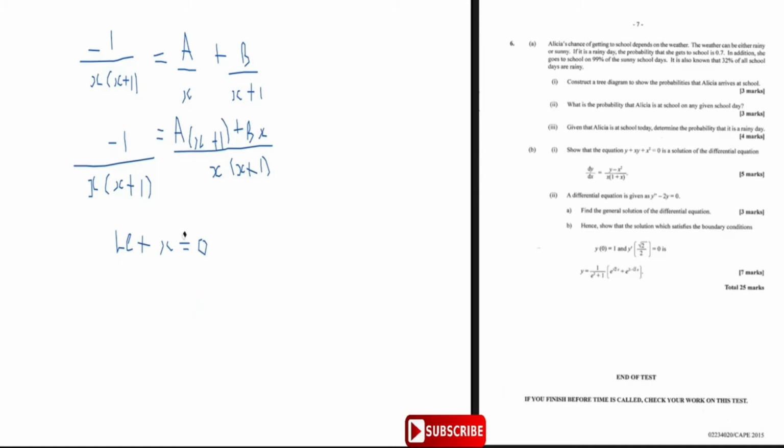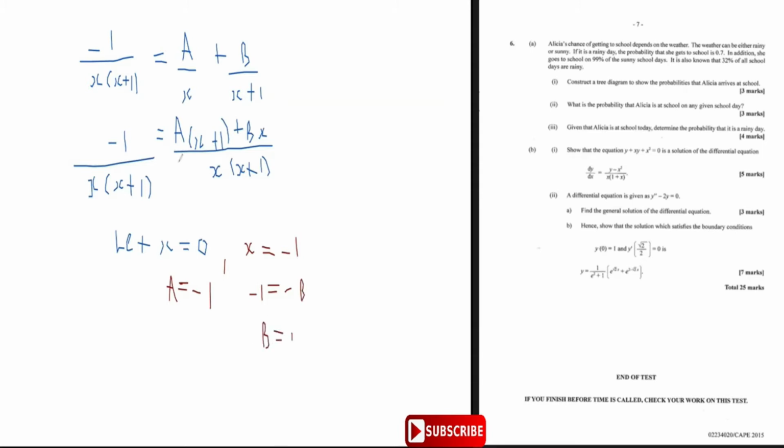And if you let x be minus 1, you're getting that minus 1 is going to be equal to, if x is minus 1, this becomes minus 1 plus 1 is 0. And so you get minus 1 times b is minus b, and so b equals 1.